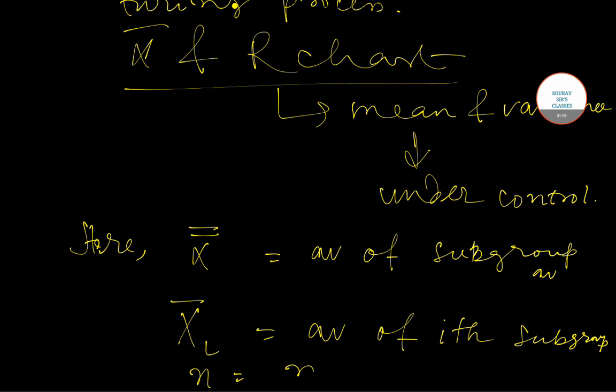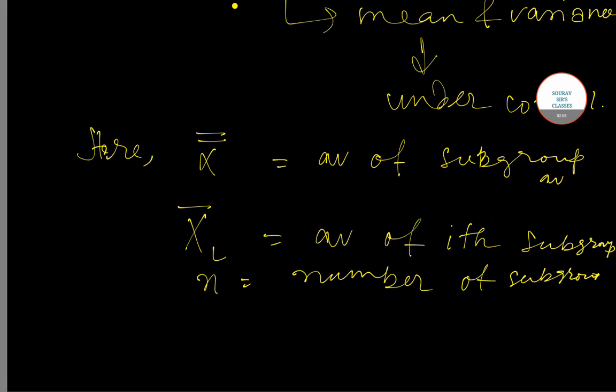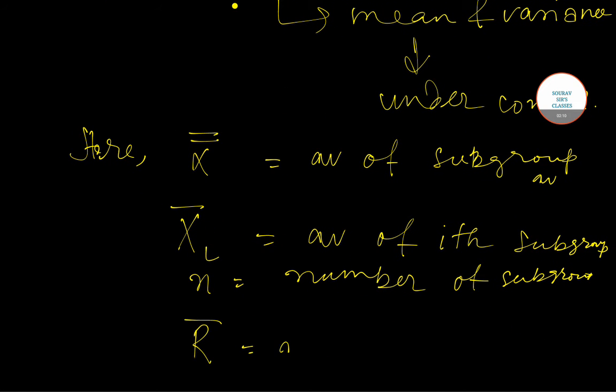N will be the number of subgroups. R bar is the average of subgroup ranges.